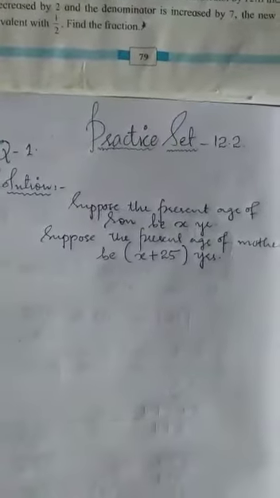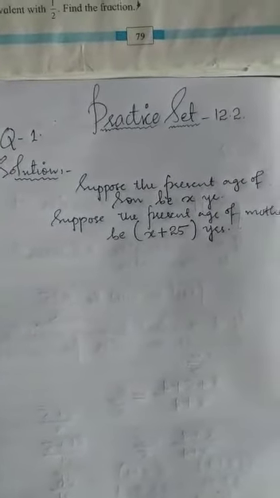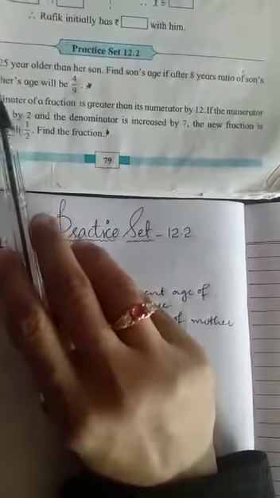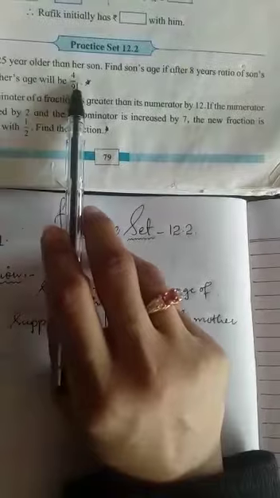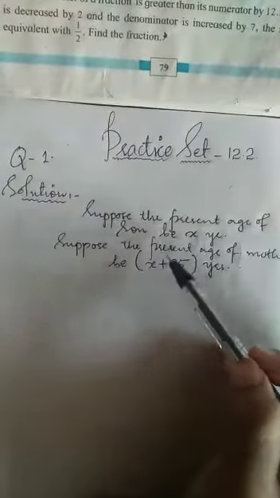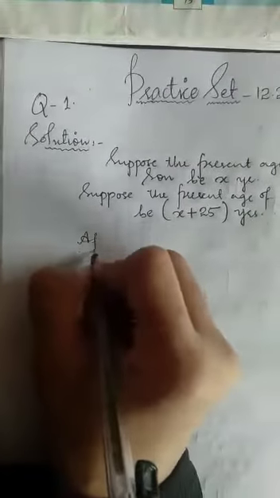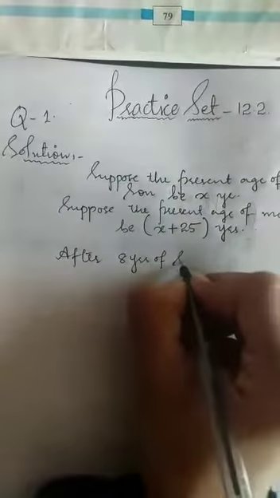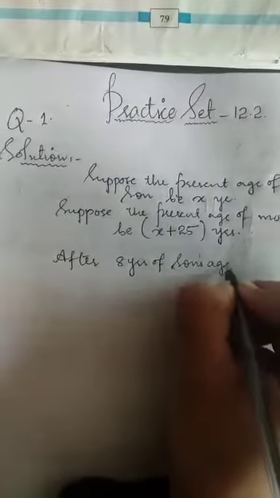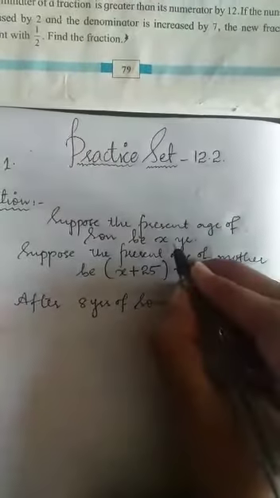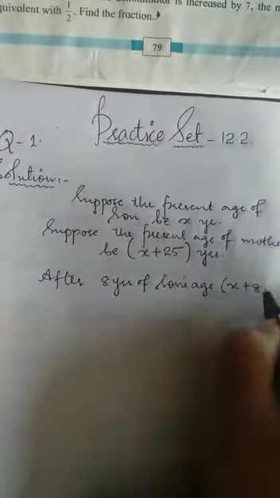Now this is for the present ages, and what is given is that after 8 years, the ratio of the son's age to the mother's age will be 4/9. After 8 years, we have to add 8 to both ages. After 8 years the son's age will be x plus 8, because we supposed x is the age of the son. After 8 years the mother's age will be x plus 25 plus 8.